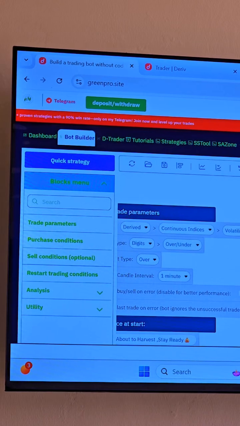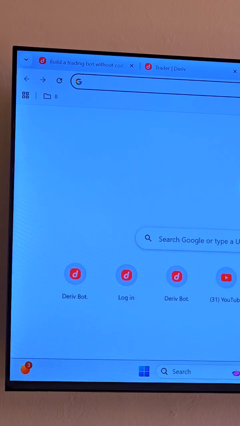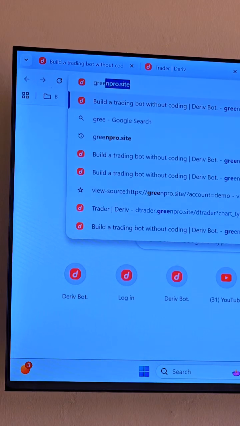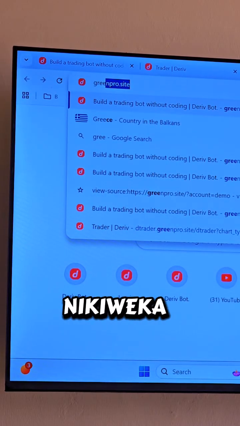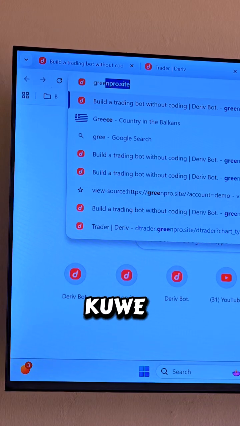So first of all, make sure that you're on the right website, and being on the right website it's very simple. Utakuja kwa browser yako, that is the first step, okay? So you just type Greenpro.Site, okay? Hivo, I hope kila mtu anaona pale, nimeweka that screen at least nikiweka hapo kila mtu aweze kuiona vizuri. Tuko pamoja? Yep.